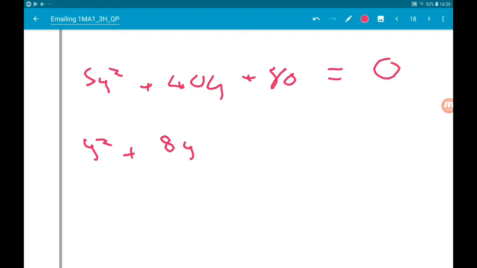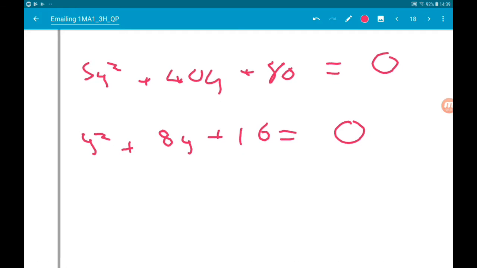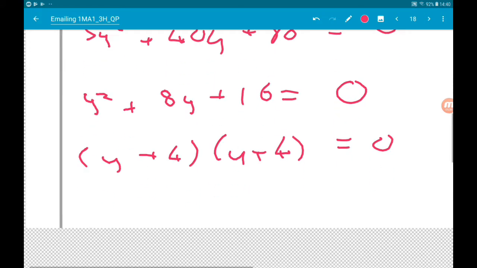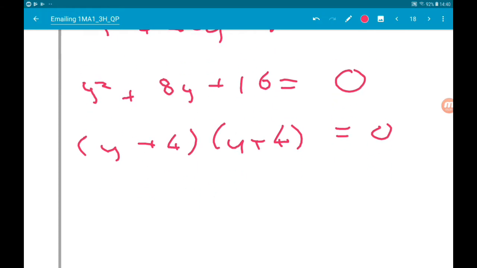Add 16 is equal to 0. Now we can factorize that to y add 4 times y add 4, which we can then again factorize to y add 4 squared is equal to 0.